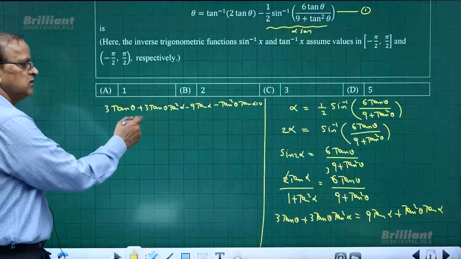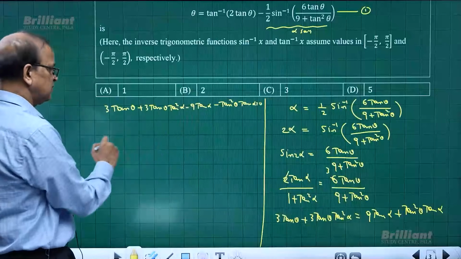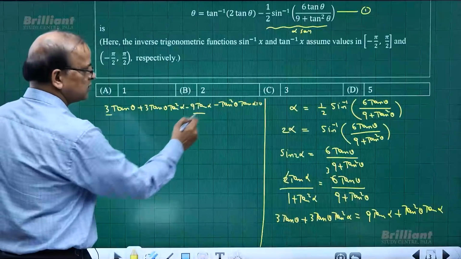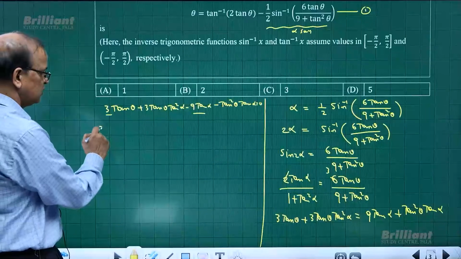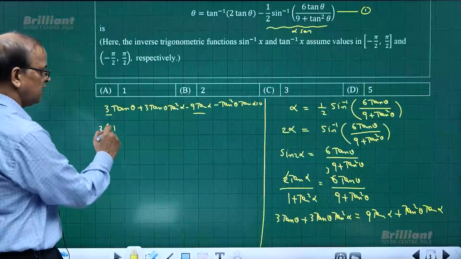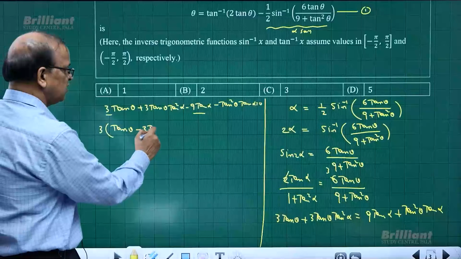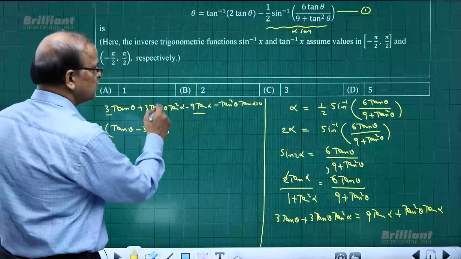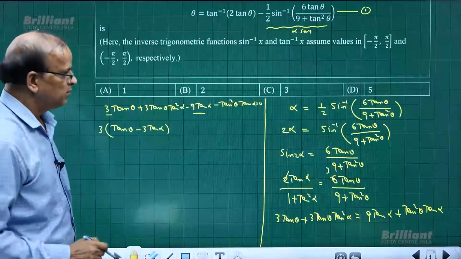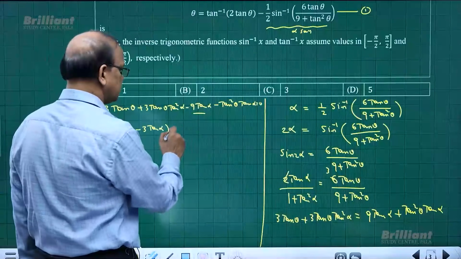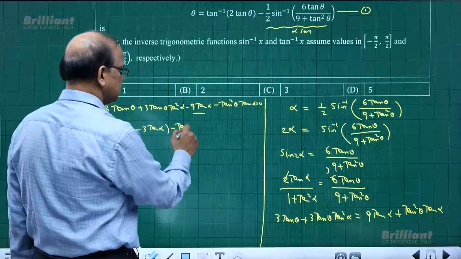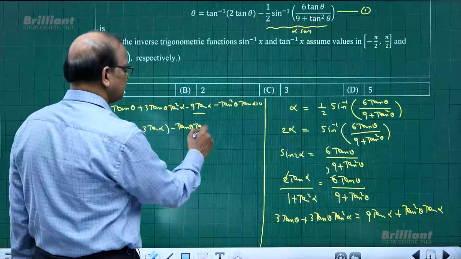Now in this, first and third terms, 3 common. So 3 tan theta minus 3 tan alpha, and second and fourth, minus tan theta tan alpha common.